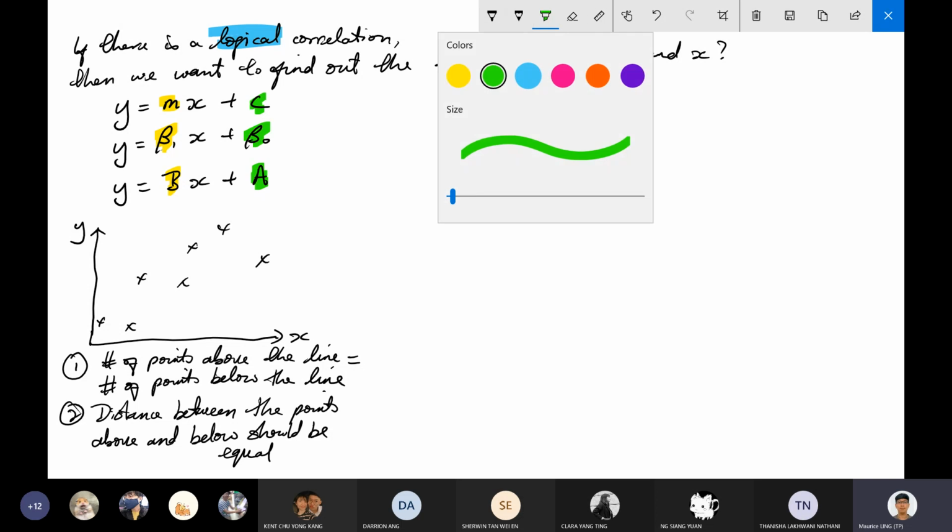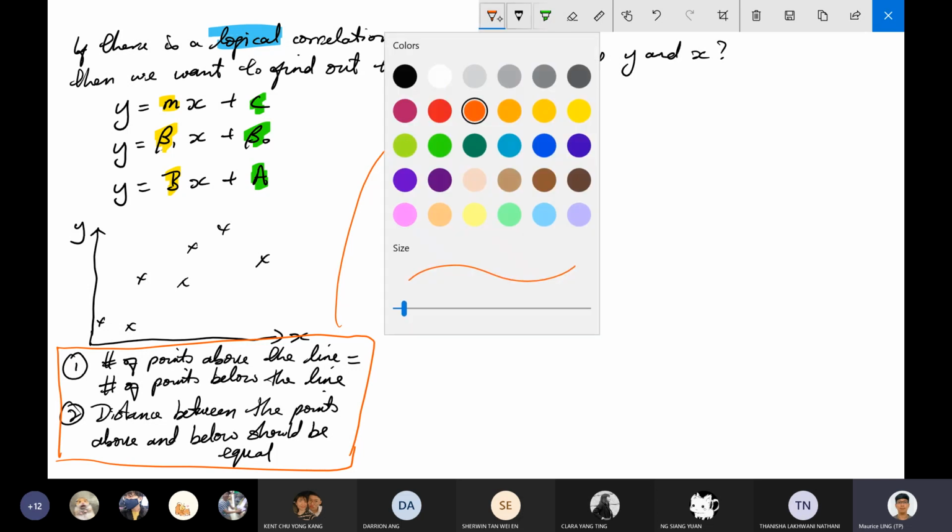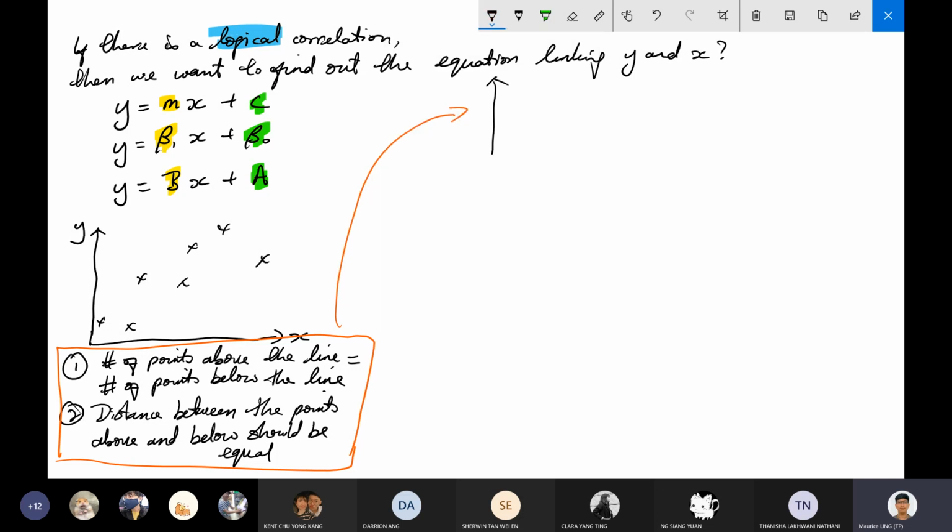So what does this really mean? Let us just look into this context. Let me redraw the graph.